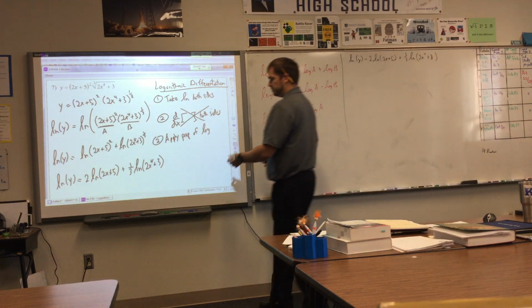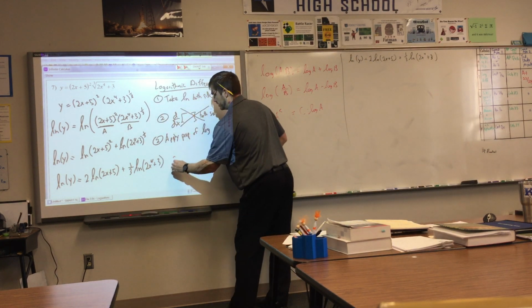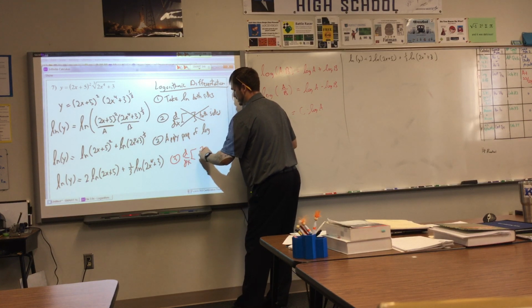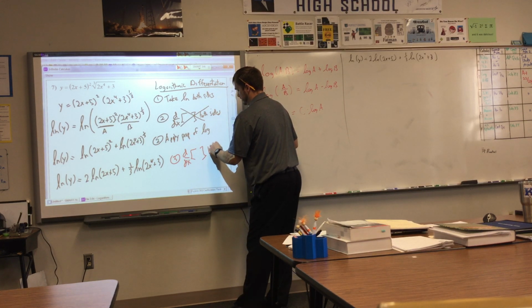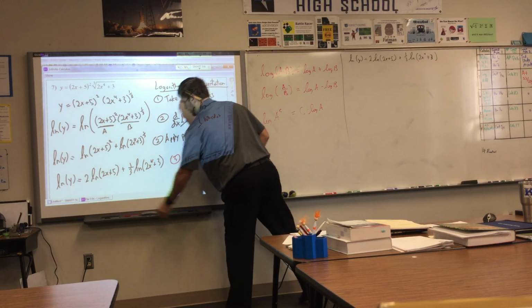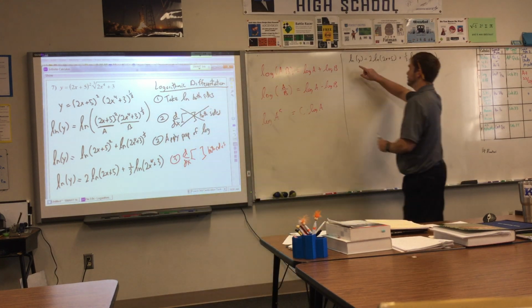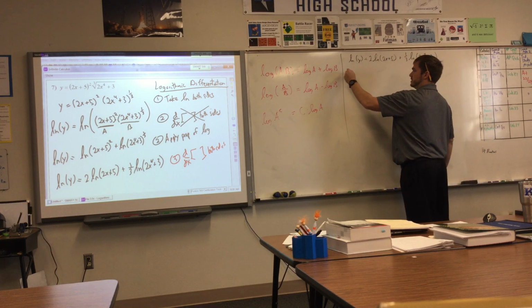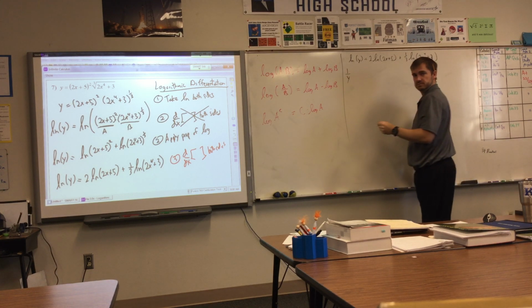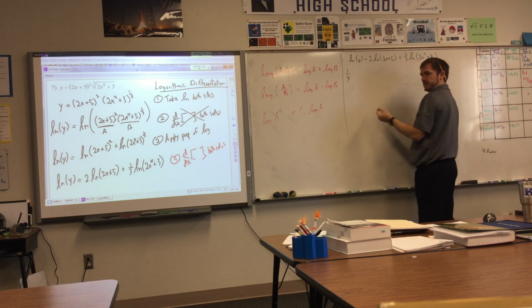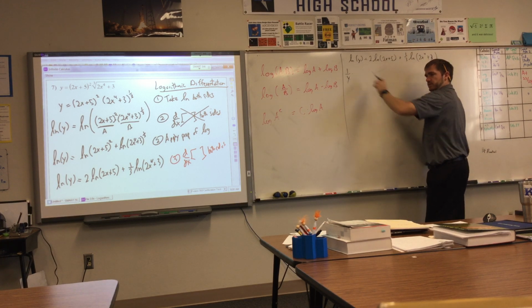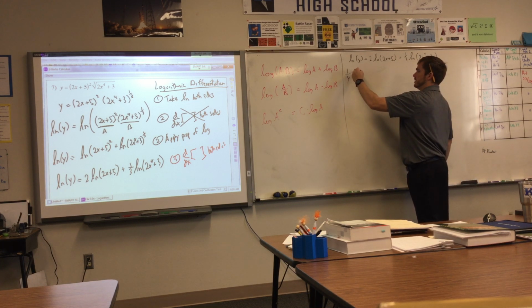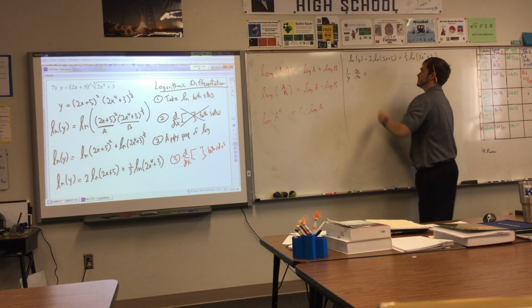So now we'll apply step 3, which was take the derivative with respect to x of both sides. So the derivative of natural log of y is 1 over y times the derivative of the inside, so dy over dx.